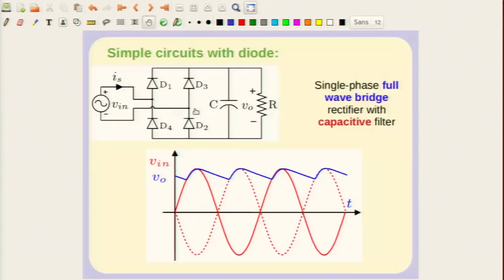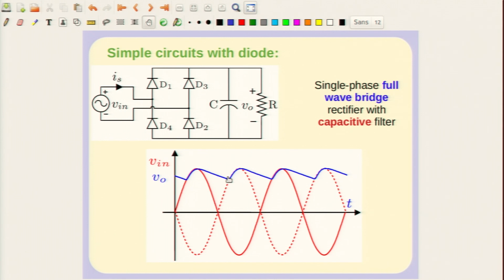If you look at the waveform of a full wave bridge rectifier, in the regions where the diodes conduct, the voltage across the capacitor follows the input voltage. At this point the diodes stop conducting and the capacitor discharges into the resistance.